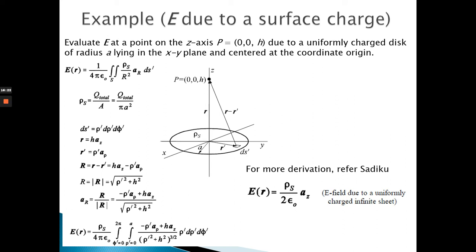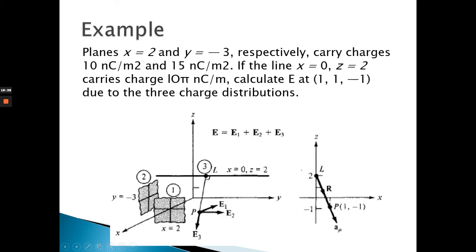So we go to our problem now, and we solve it to understand how it works. Three different charge distributions are given. The plane x equals 2 carries a charge of 10 nanocoulomb per meter squared, which is a surface charge.